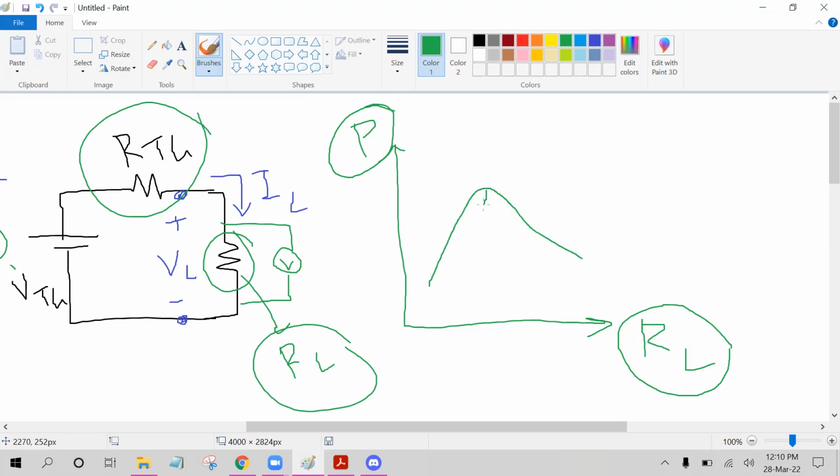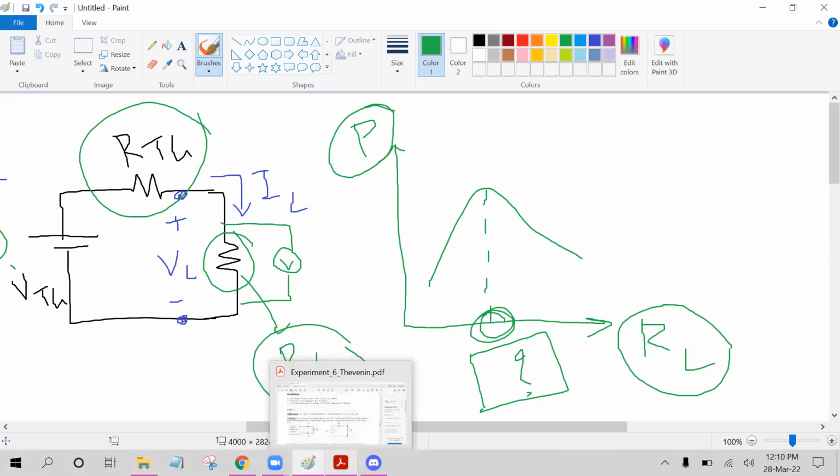So we can see from the graph that for this particular value of RL, the power is maximum, right? Is it clear? Yes. So we want to check what is this value. Okay. It is already stated in the maximum power transfer theorem, but as it is not covered in your theory class and we have an opportunity to find out the value, so let's do it in this way.